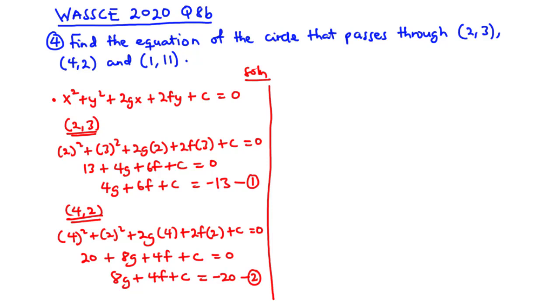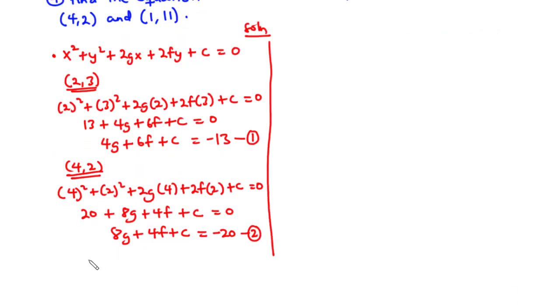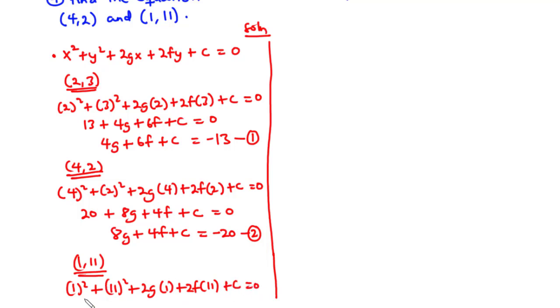So for the third point, which is 1, 11, we also have 1 square plus 11 square plus 2g times 1 plus 2f times 11 plus c equals 0. 1 square is 1, 11 square is 121. So 121 plus 1 is 122.